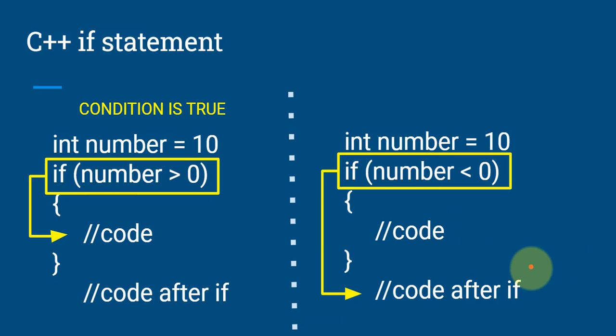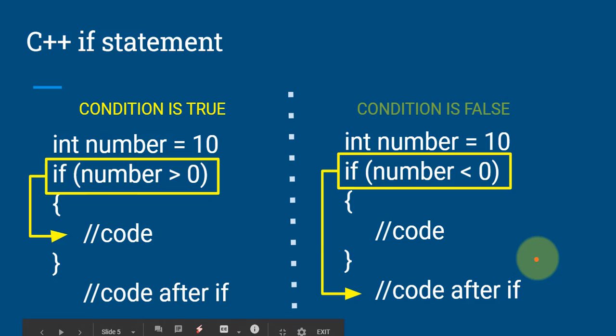This is how the if statement works when the condition is false, because as you can see, the value of number is 10, and our condition is number is less than 0, which is false, right? Okay.